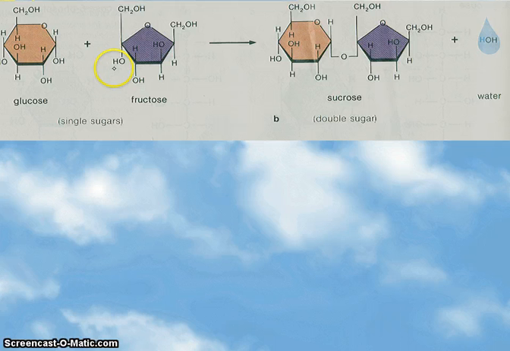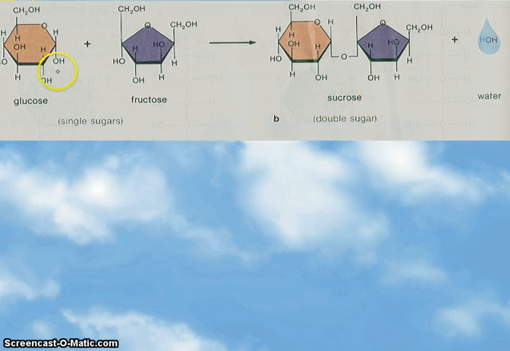Now when we remove the hydrogen from here, oxygen's going to need something else to bond to. And when we remove the hydroxyl group here, this carbon is going to need something to bond to, so they're going to bond to each other. So we're going to make this bond right here, which links together our glucose and our fructose molecule, and it forms the disaccharide sucrose.